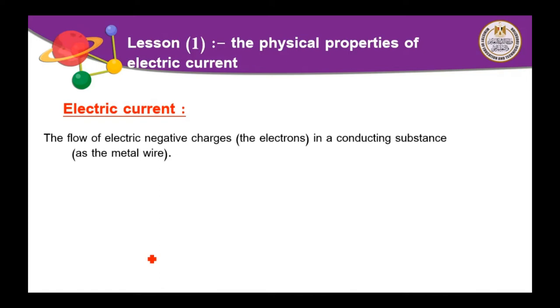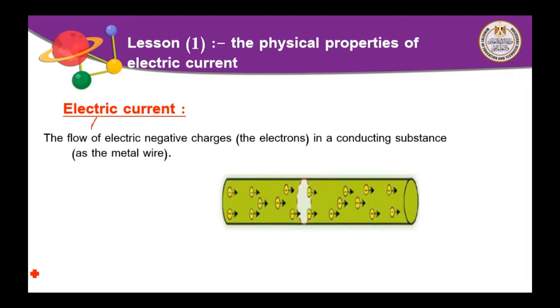So again, where is electric current generated? From the electrons which are lost by a metal when another atom gets close to it. So some electrons leave the atom and move through the conductor, causing the flow of electric charges, which is called electric current. Yes. As you see in the figure, it is a conductor made of copper or aluminum.